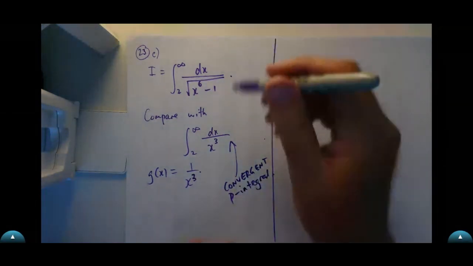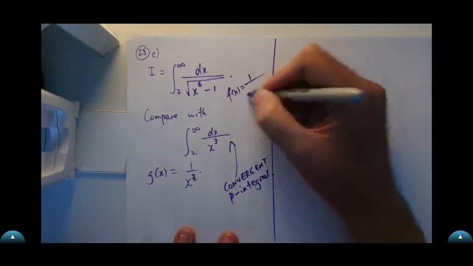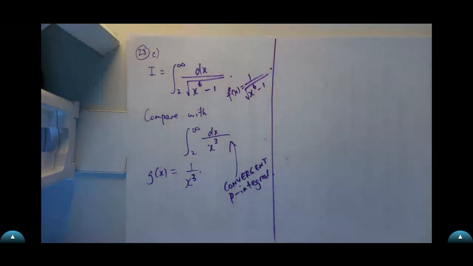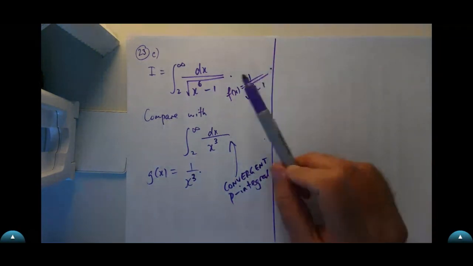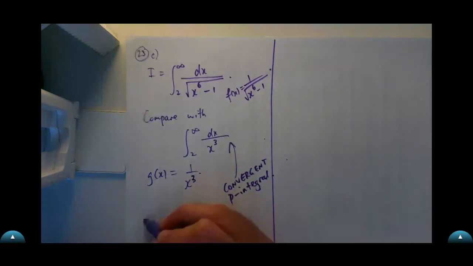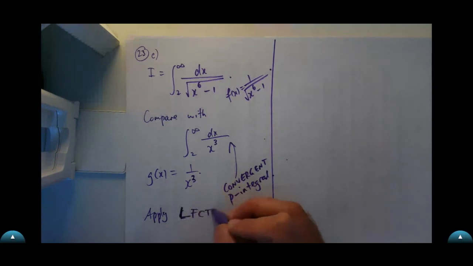So f of x is going to be 1 on this. When you take the limit of this divided by this, you will get a finite limit, and apply the limit form of the comparison theorem.